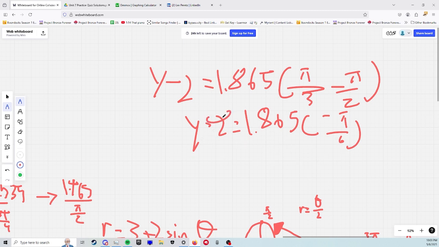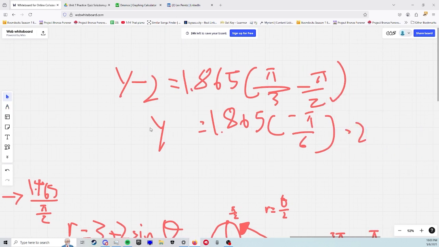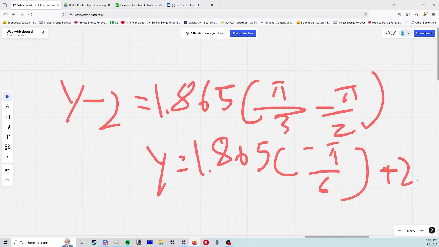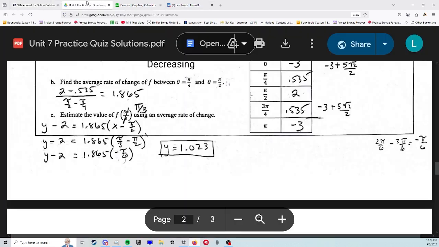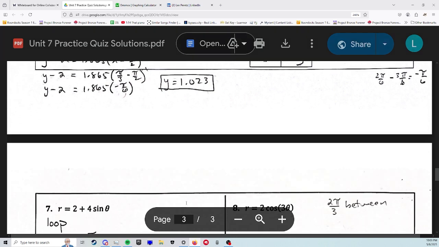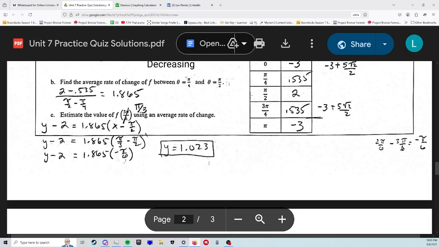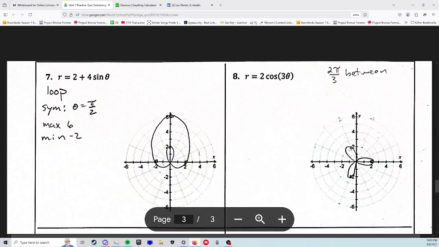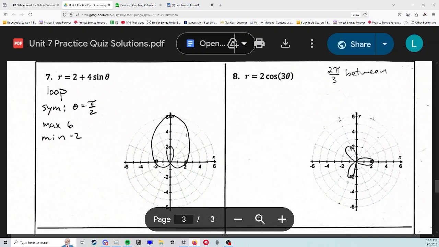And then plus 2. And so then you solve, and you eventually get y equals 1.023.